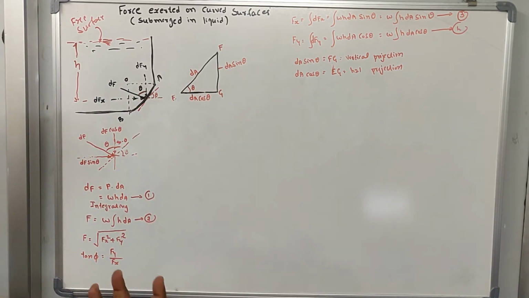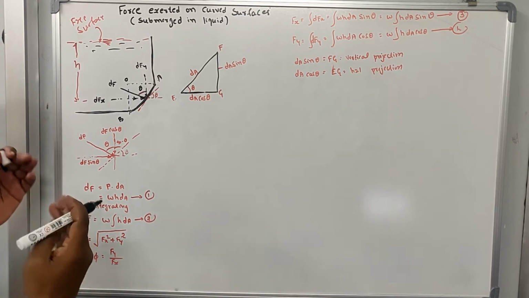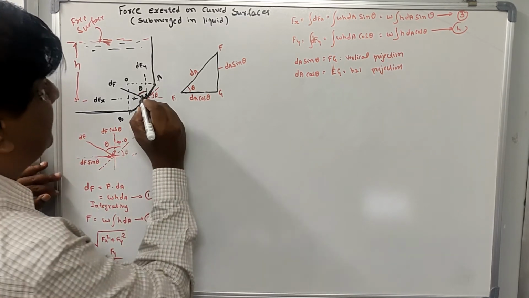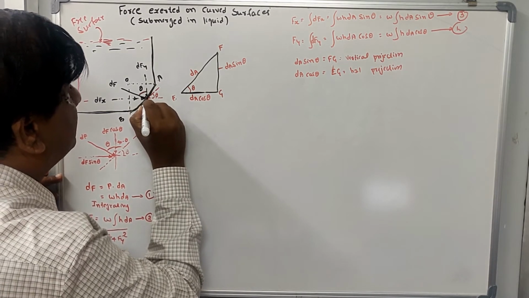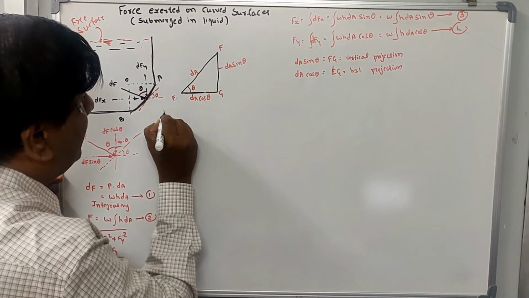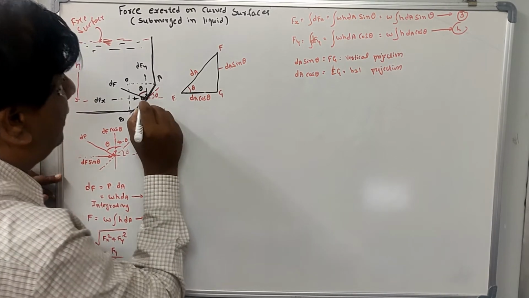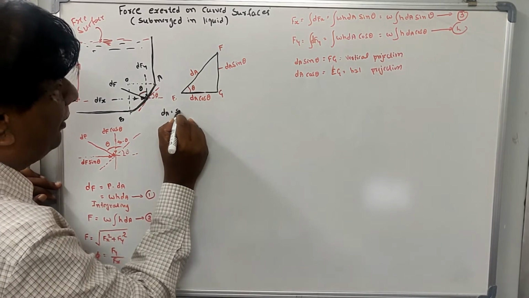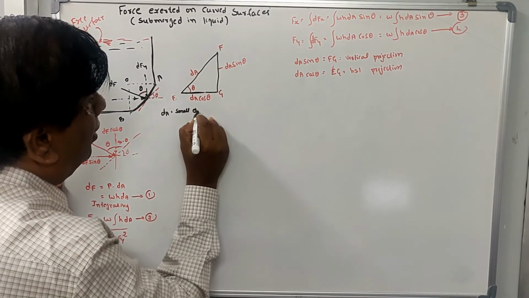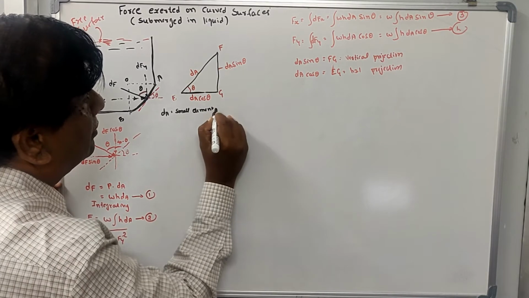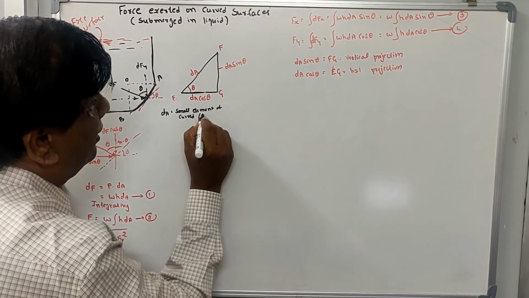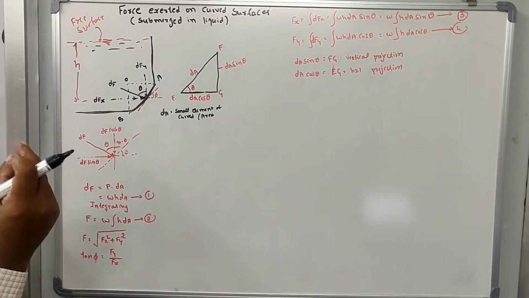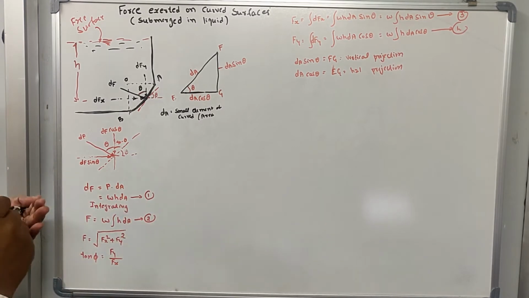Again you can take the same principle, that is, let us consider a small element of area dA, a small element of the curved surface, a small strip or portion of the curved surface.